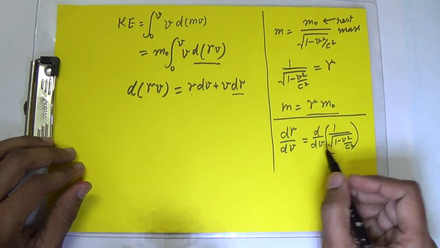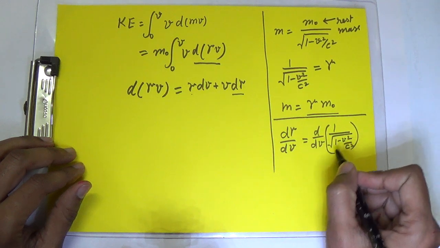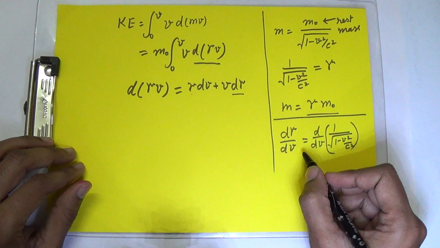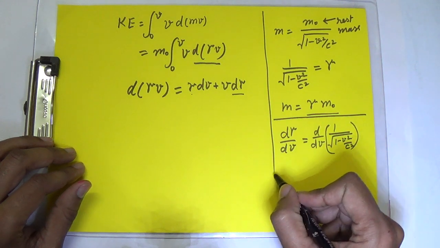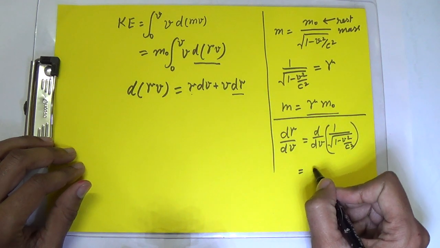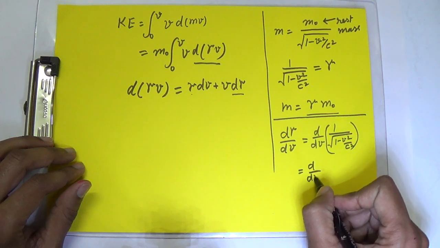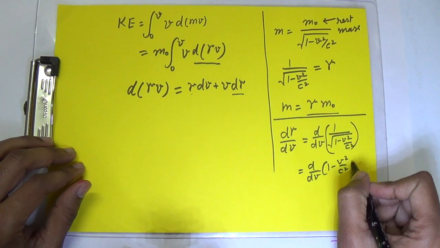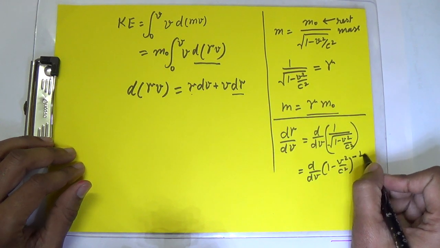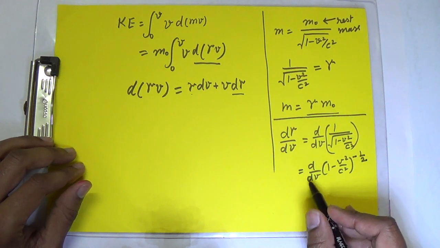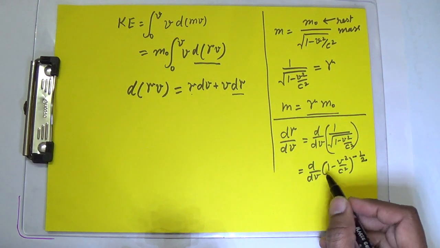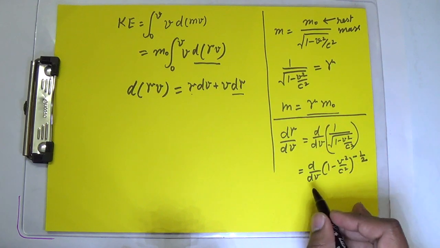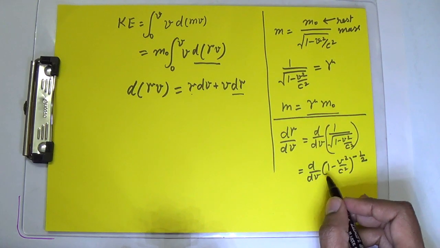To make it simple I could substitute, or I can solve it directly. It can be written as d dv of (1 minus v square upon c square) to the power minus 1 by 2, and we differentiate it.